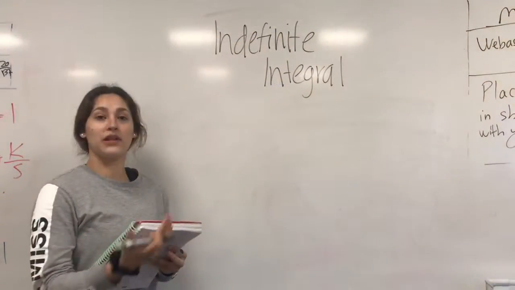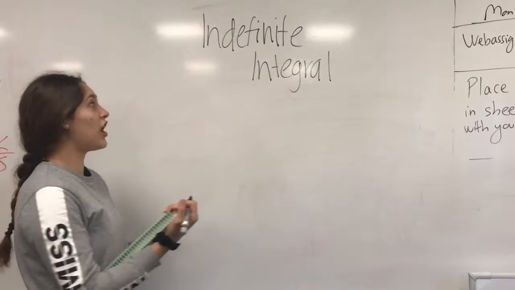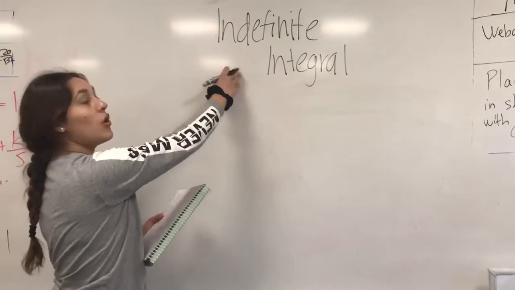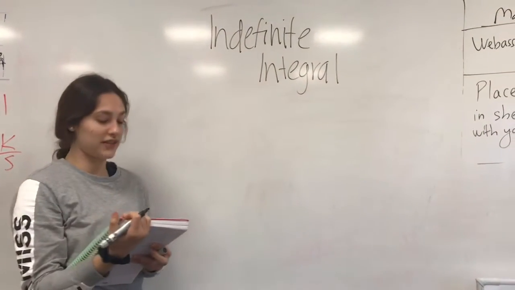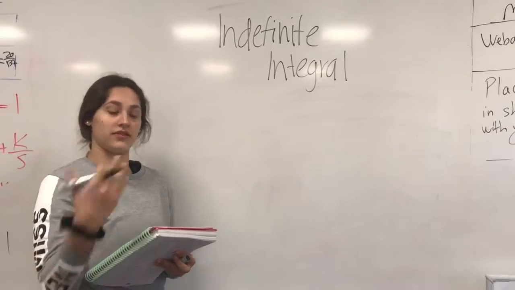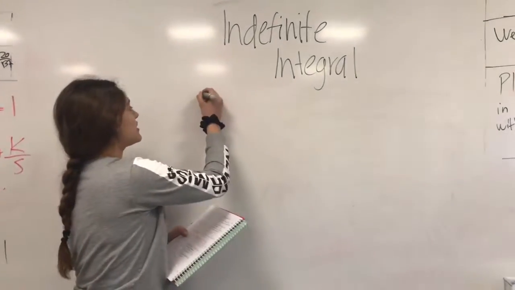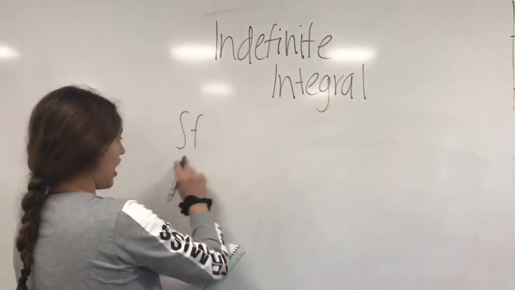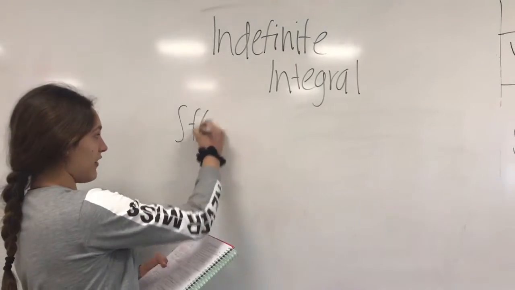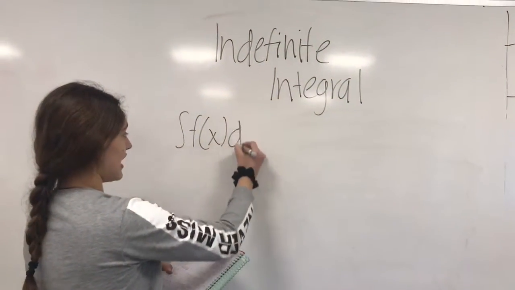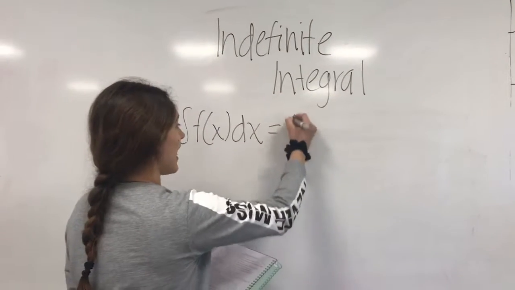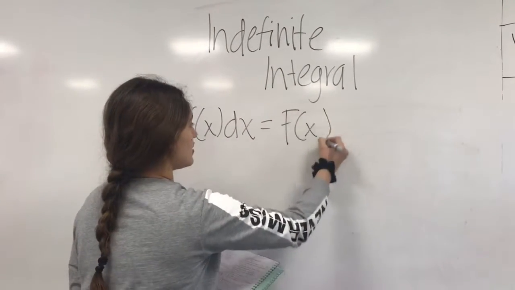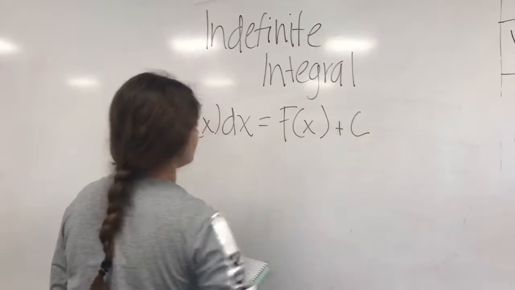Now, what we will be learning in the next problem, we will have to solve an indefinite integral. What this means is that you will be having to find the antiderivative of the equation. For this, we have our equation of the integral of f of x times dx, which equals the antiderivative of f of x plus c.